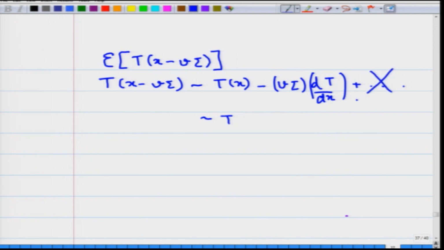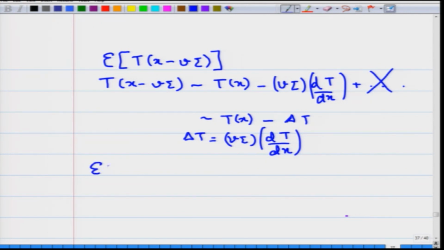So, I am going to neglect all the higher order terms and only consider the first order correction. So, the temperature T minus delta T, where delta T is V times tau dT by dx.